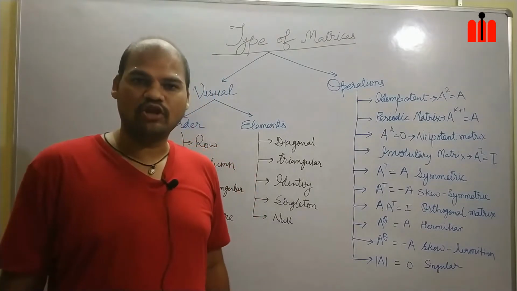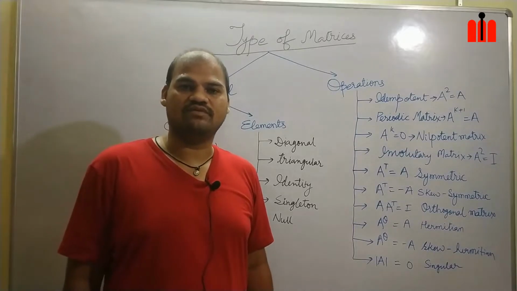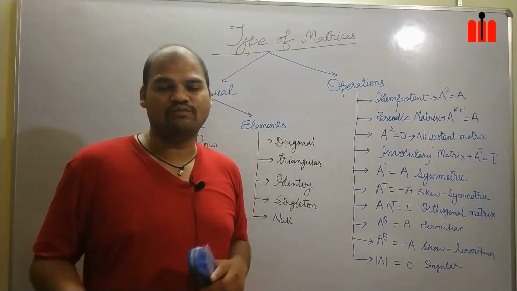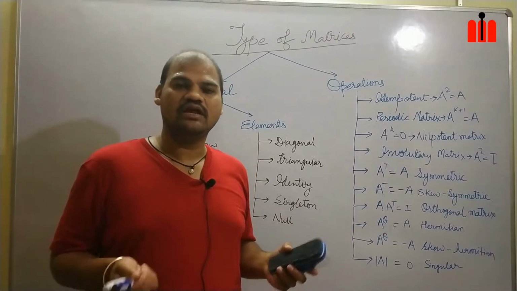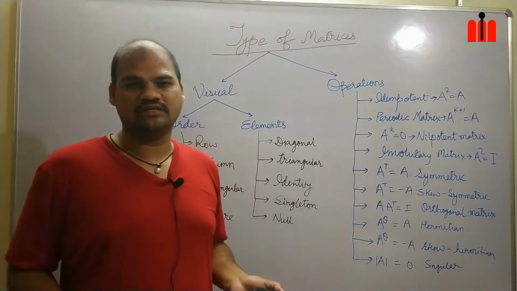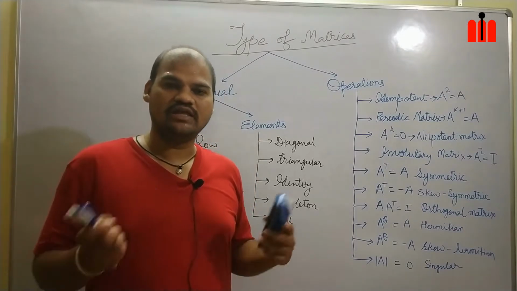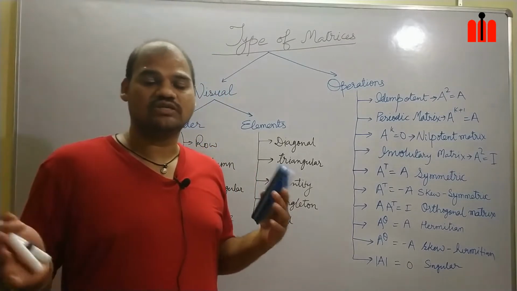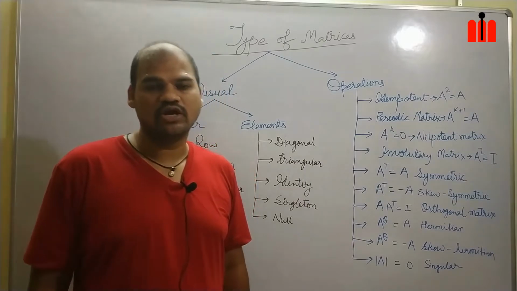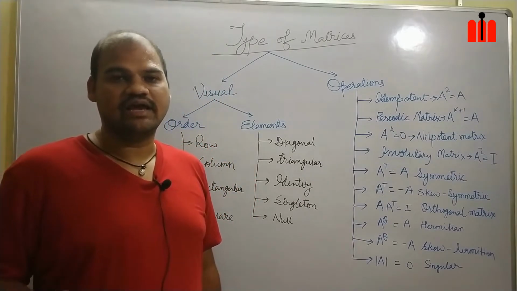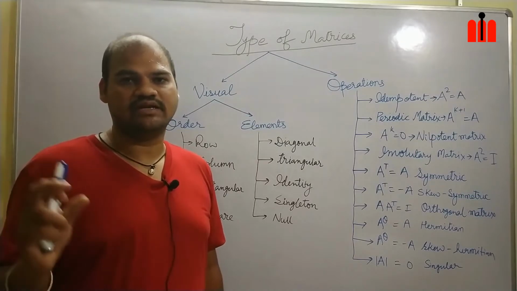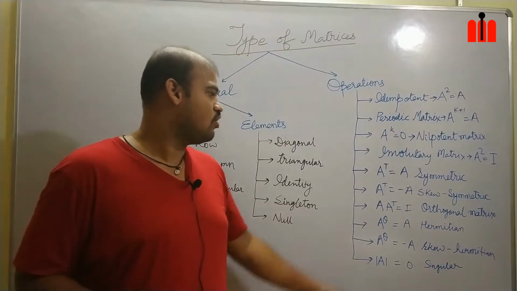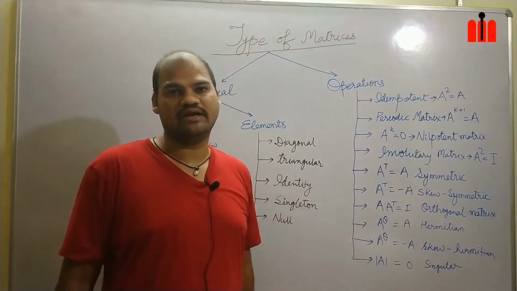Suppose you want to check for a periodic matrix, then A to the power of k plus 1 equals A. You have to find A to the power of k plus 1, like A cube. If A to the power of 3 equals A, then k plus 1 equals 3, so k equals 2, and 2 is the period of that matrix. Such operations you have to perform to say that this is an idempotent matrix, a periodic matrix with period k, a nilpotent matrix, or an involutory matrix.